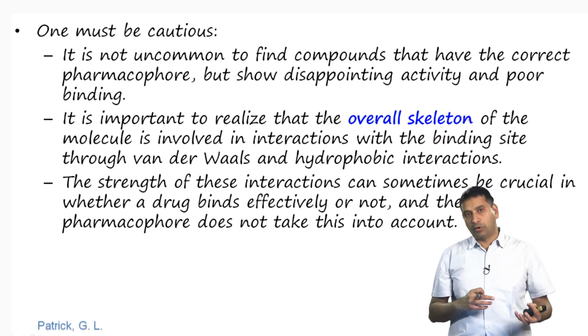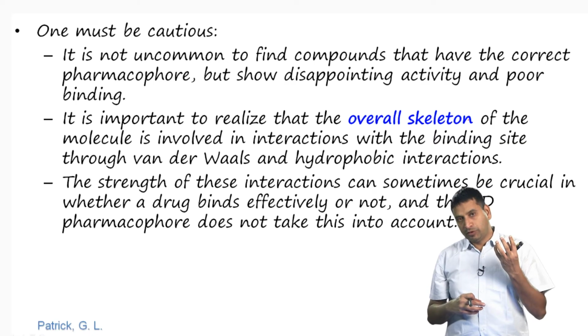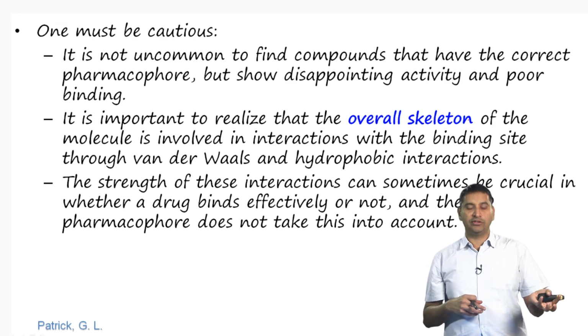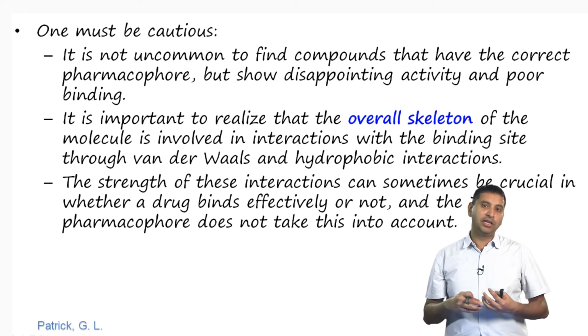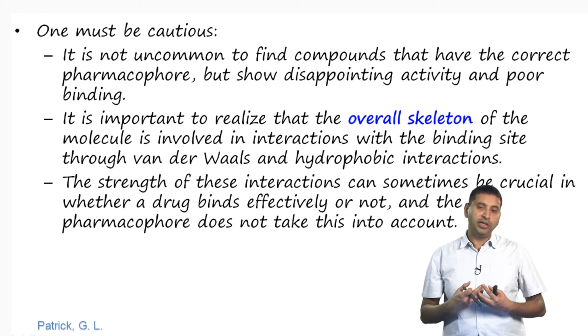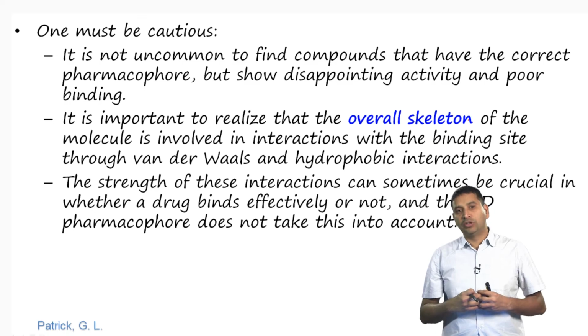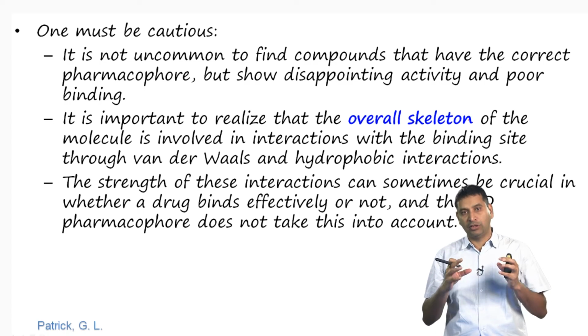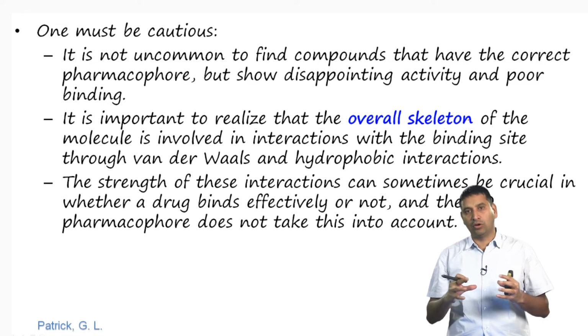It is also possible that, for example, the ring in glipine is involved in van der Waals or hydrophobic interactions, and those may also contribute to the activity. The strength of even these weak interactions can sometimes be crucial in whether a drug binds effectively or not.